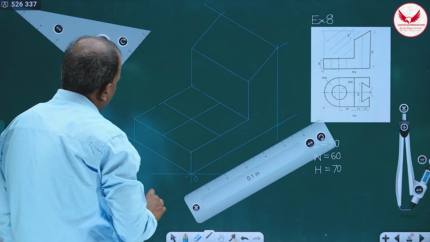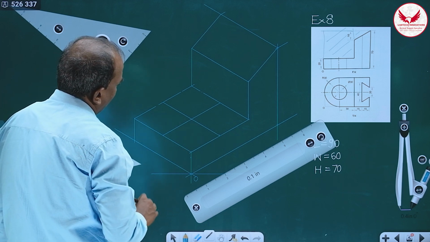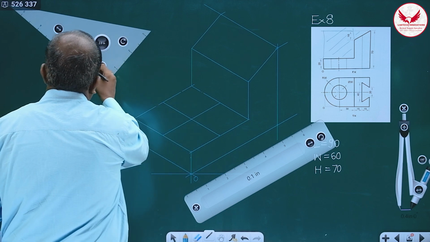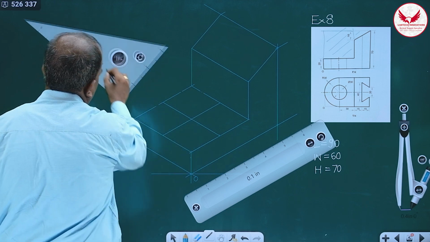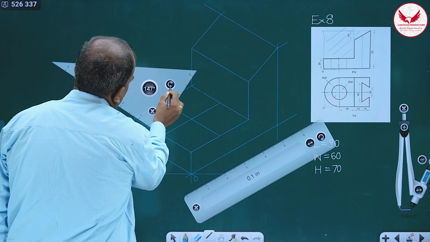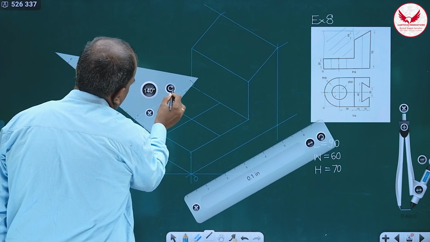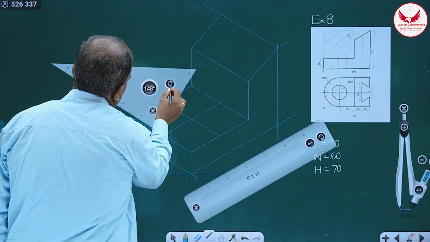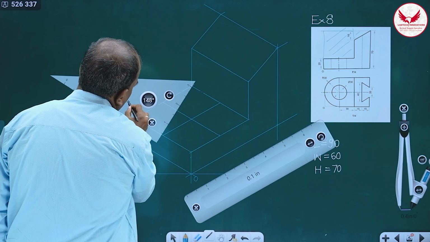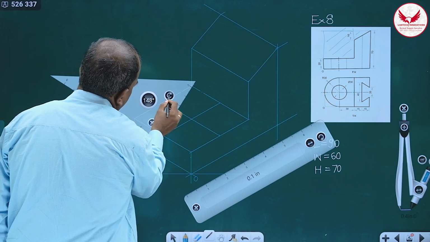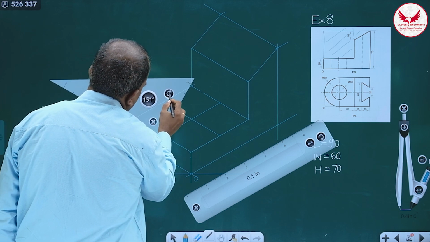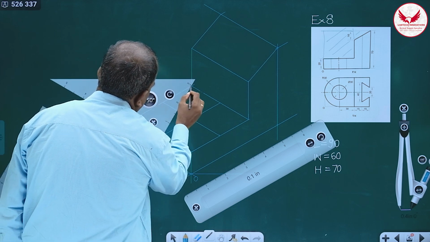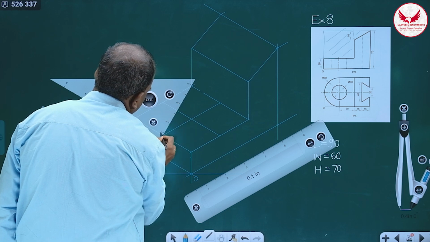Then for those two centers, what is the logic? First you join this corner, whatever this corner or center is, with the midpoint of the opposite side. From this point to this point.